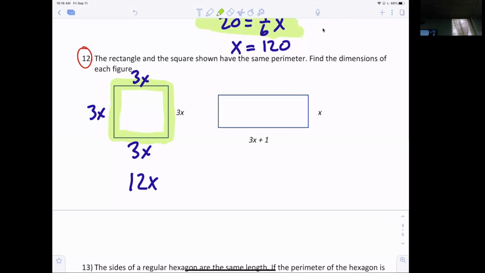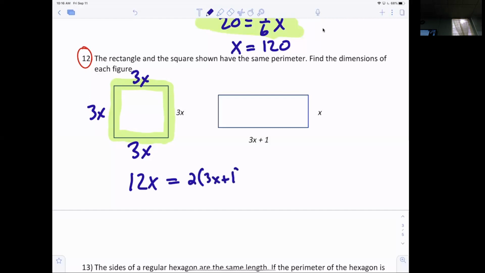All right. Any questions with why that perimeter is 12x? All right. Now, it says it is the same as the rectangle. So tell me now, what's the perimeter of the rectangle? Yes. Okay. Yeah.